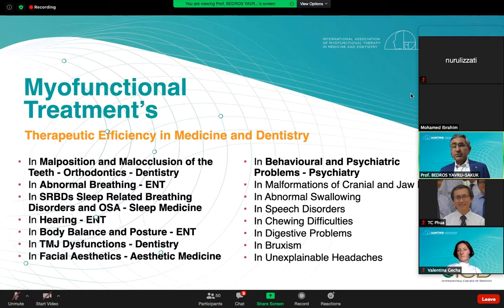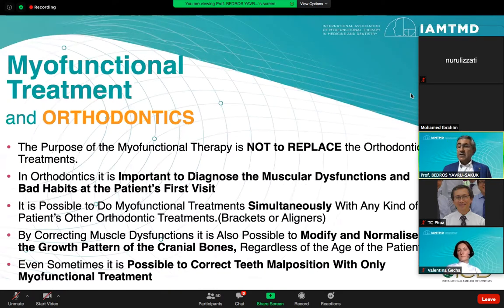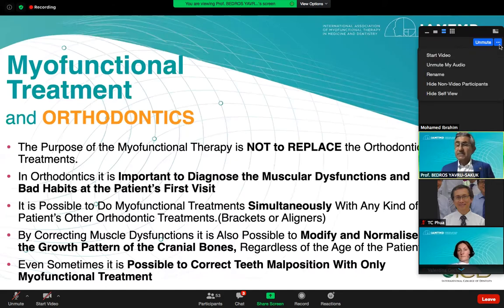First, of course, orthodontics. In orthodontics, the purpose of myofunctional therapy is not to replace the orthodontic treatment. Of course, it is important to diagnose the muscular dysfunctions and bad habits of the patient at the first visit. Sometimes myofunctional therapy can be done at the same time with other orthodontic treatments, such as brackets or teeth aligners.